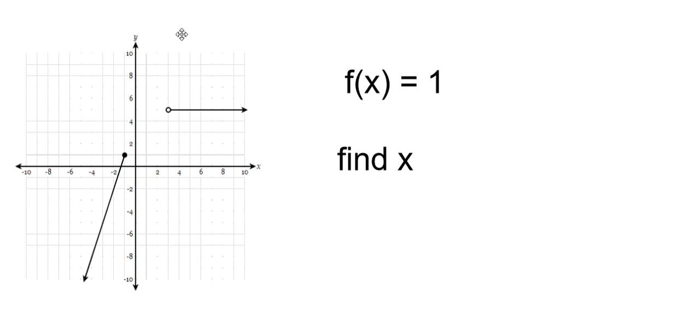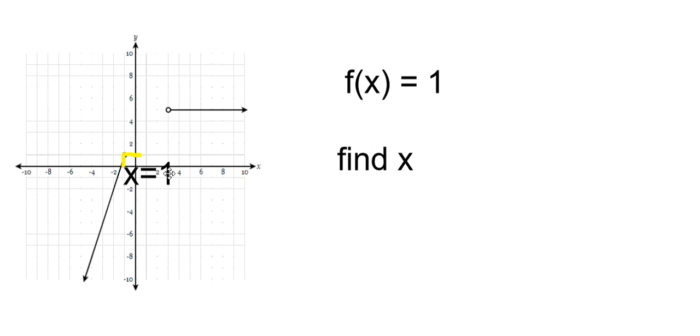So what you would do for these type of problems is you would just go ahead and look at the y-axis and you would look for the height of 1. And you'd say, okay, what x corresponds to the height of 1? On this graph, it is negative 1. So you would switch to your typing and you'd say x equals negative 1.